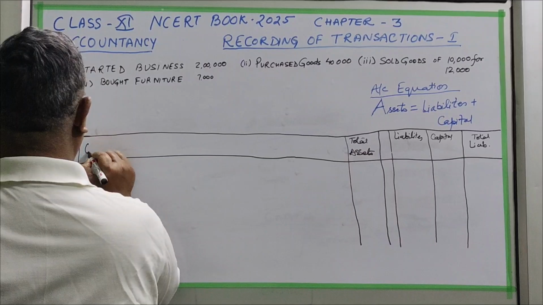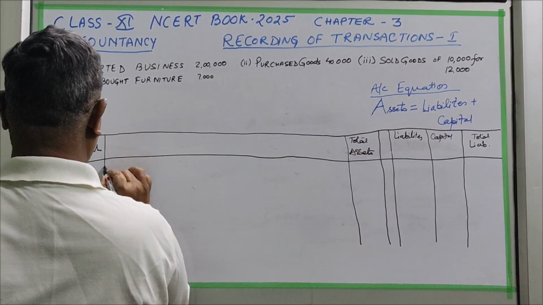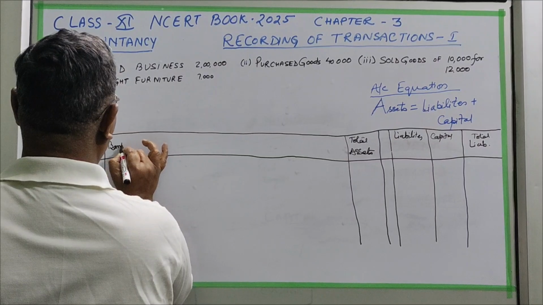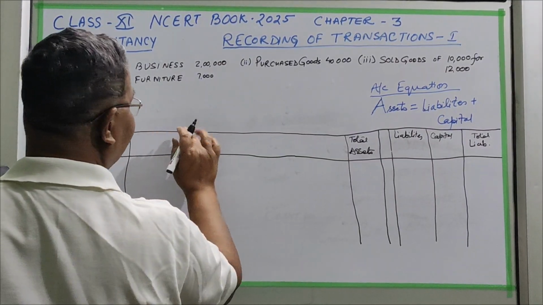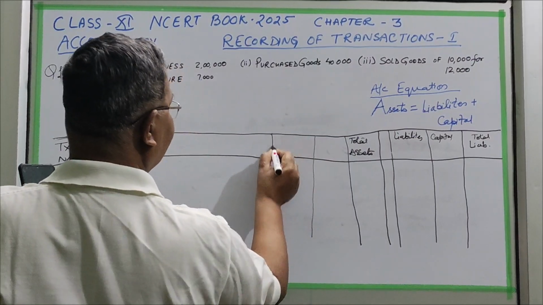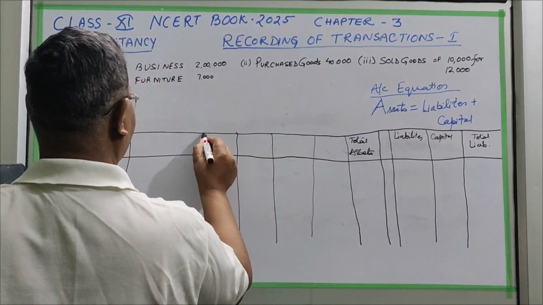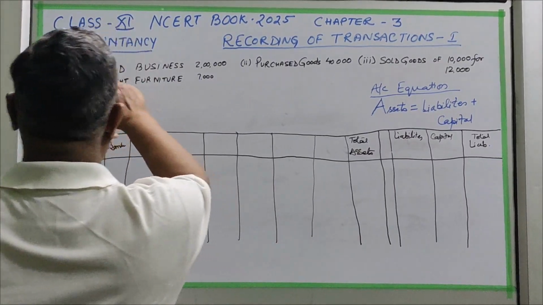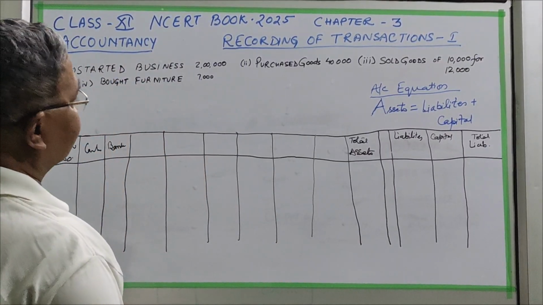Usually cash will be everywhere. Then there may be a bank, and all other assets as per requirement we will go on drawing lines like this, and whatever is required based on the question we will write. So we will start with started business, 2 lakh.